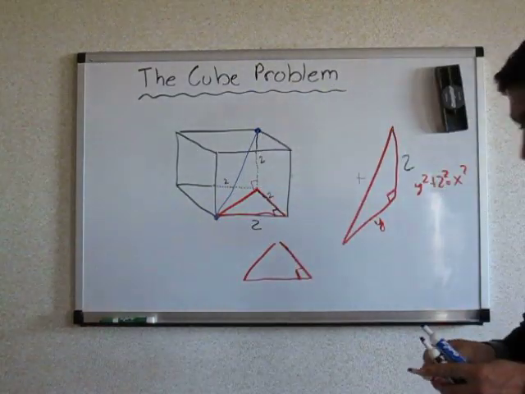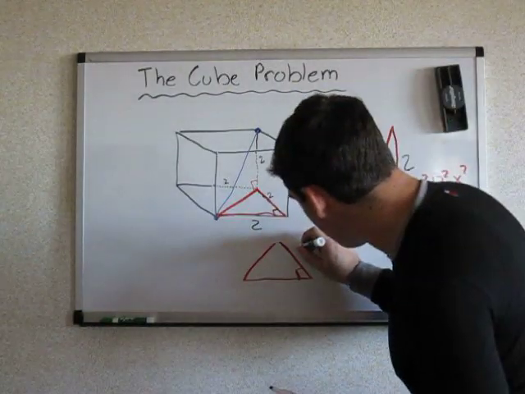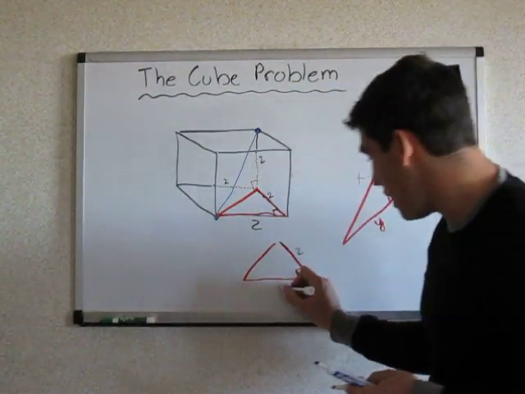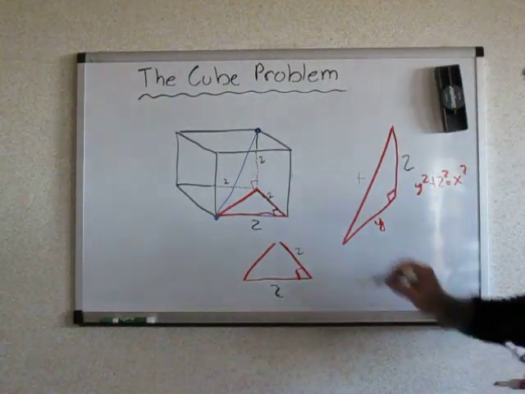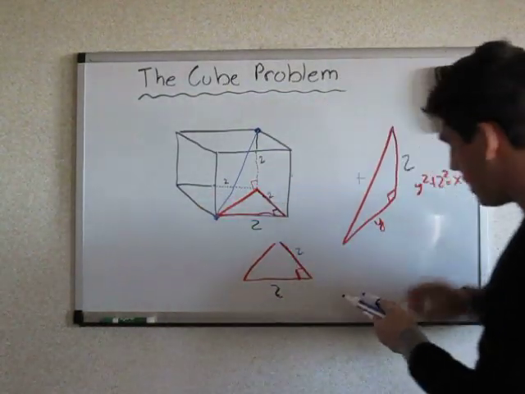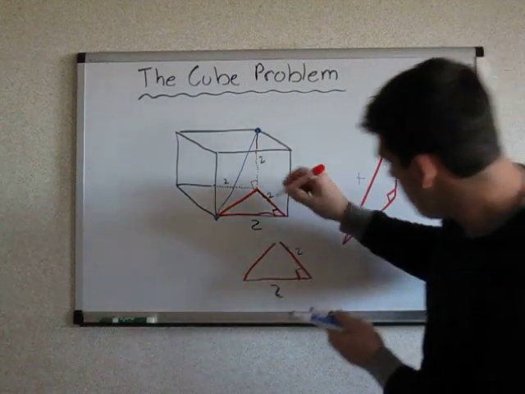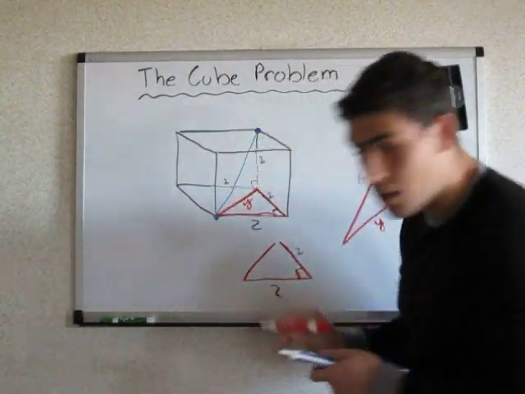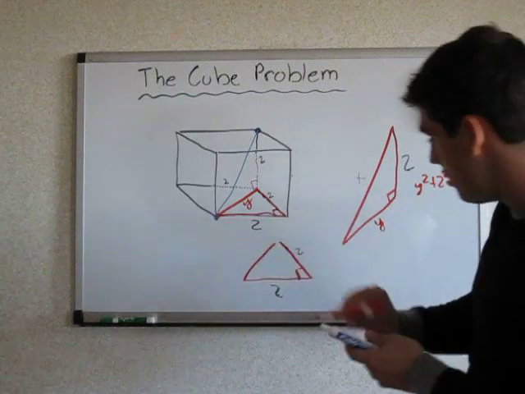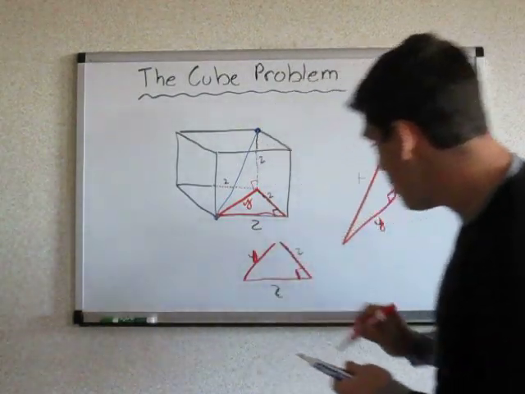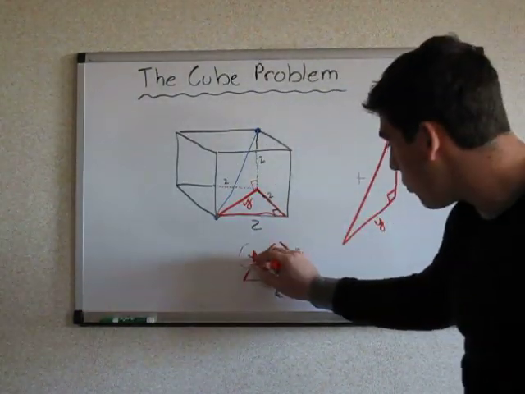Now check it out. This side is 2. This side is also 2. But what happens here is the base here, which we labeled y, becomes the hypotenuse for the other triangle. Now we can solve for y.